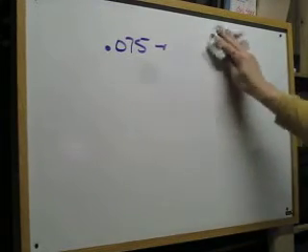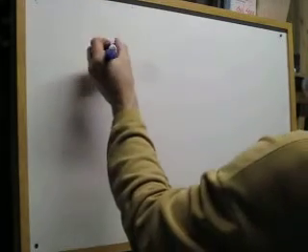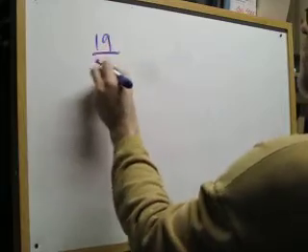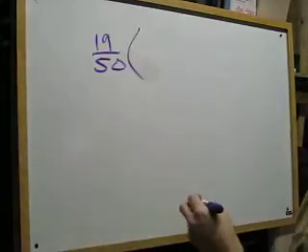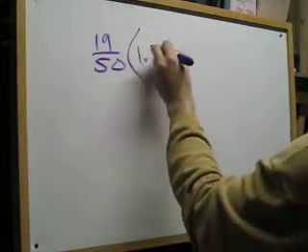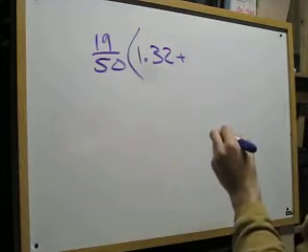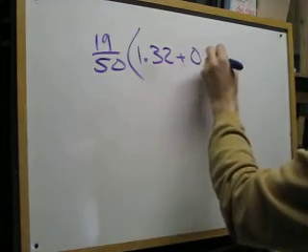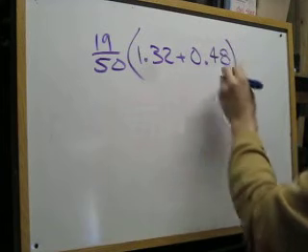This next section, part C, is saying you're going to run into some problems that not only have fractions but also have decimals. So for example, example 7, they give us 19 over 50 and they're asking us to multiply that times the quantity 1.32 plus 0.48.